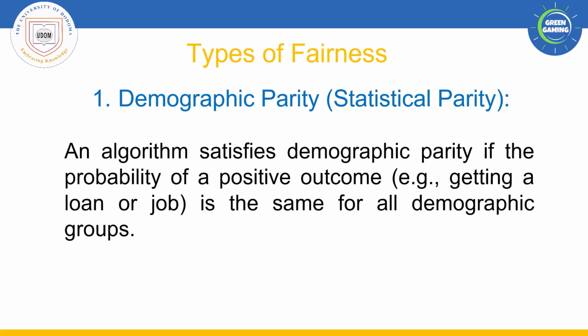So statistical parity involves ensuring that an algorithm satisfies demographic parity if the probability of a positive outcome is the same for all demographic groups. So simply, this approach means that positive outcomes are equally distributed across demographic groups.